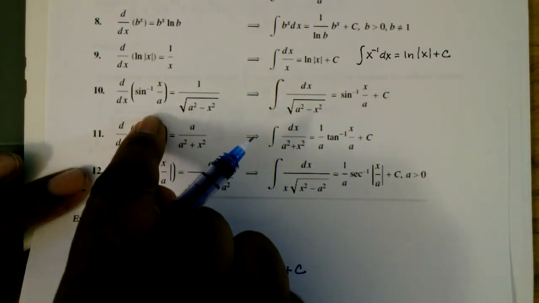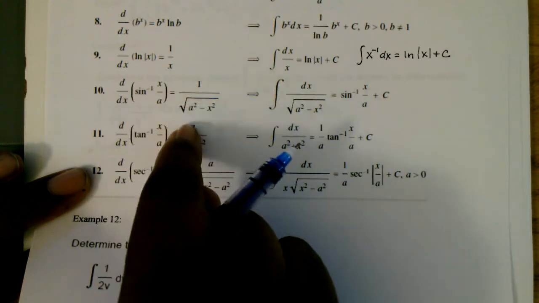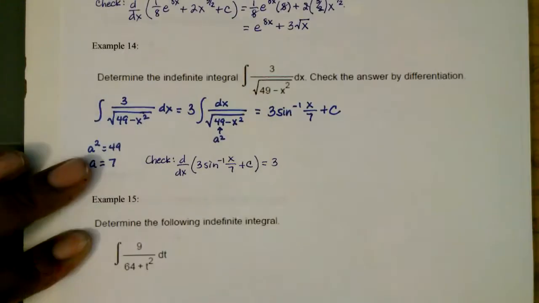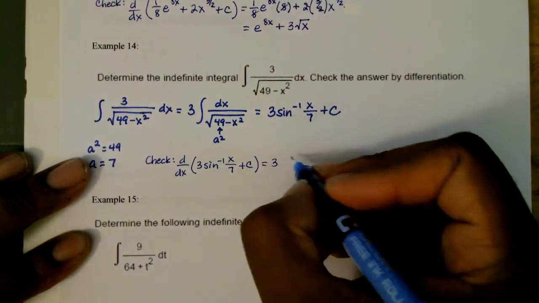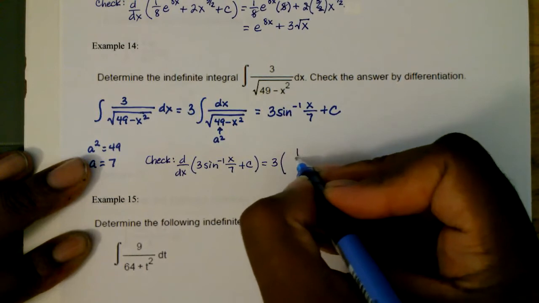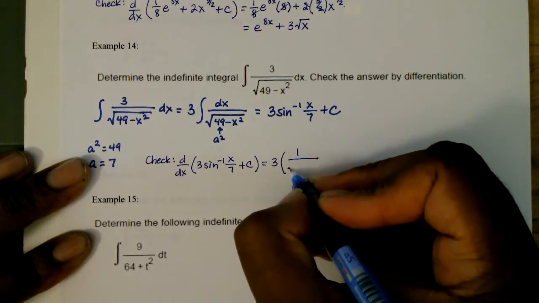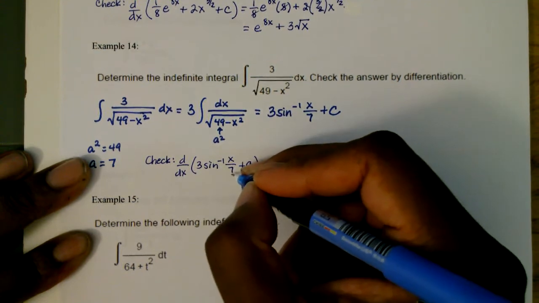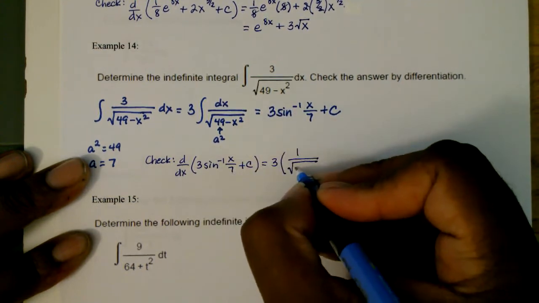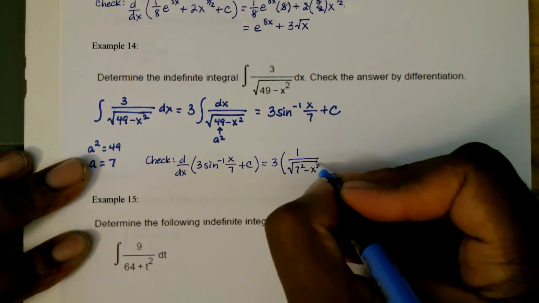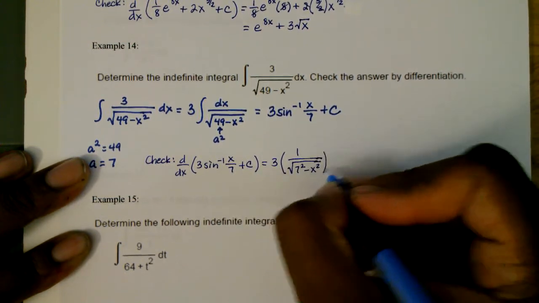But here, if I take that derivative, it would be 1 over the square root of a squared minus x squared underneath the radical. So it would be the 3 times 1 over the square root of, in this case, that's the denominator, 7 squared minus x squared.